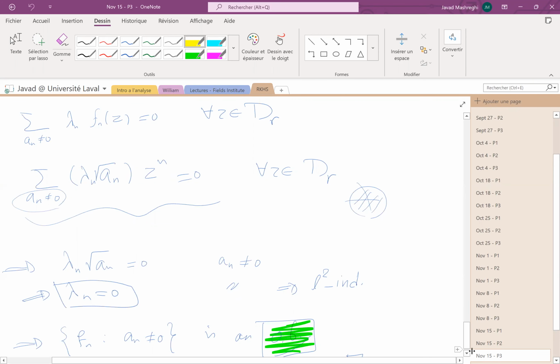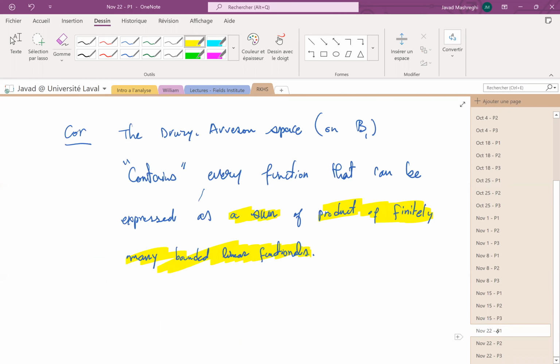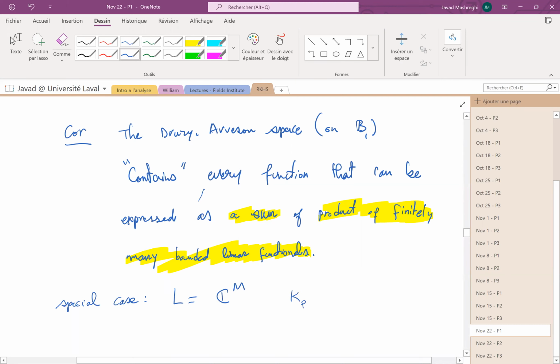What happened? Special case. If L is equal to C^m, so our K_P(Z, W) is 1 over 1 minus Z_1 W_1 bar up to Z_m W_m bar.